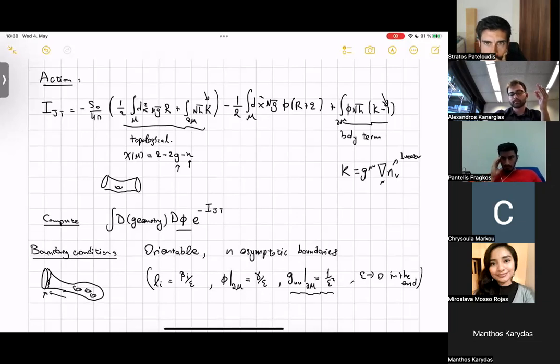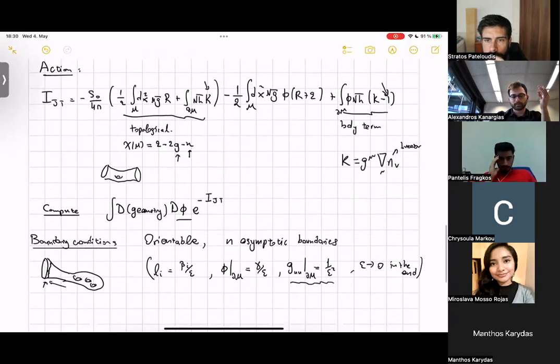Let me rephrase. If there's no kinetic term for phi, why do you integrate in the path integral over d phi? Because it's a field of our action. So when we do the functional integral, we want to integrate over all possible values, even if they are auxiliary in a sense.